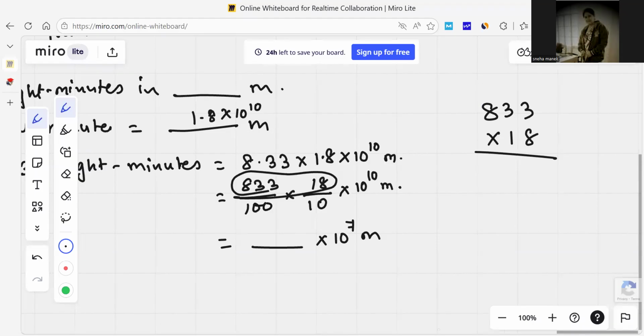Let's cross check what values we are getting. Okay, I'm getting 14,994.